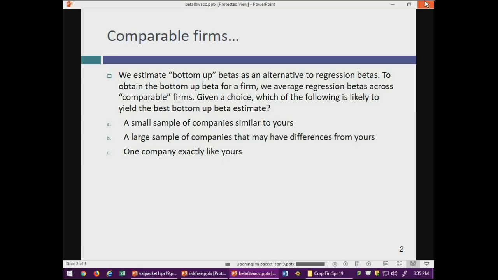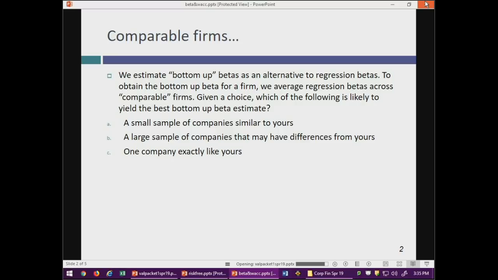And this is going to show up when you talk about geographic choices. If you pick an Indian steel company, if you say, look, I want to look at only other Indian steel companies, your sample size is much smaller than if you say, I'm going to look at steel companies globally. So small sample of companies very much like yours, or larger sample of companies that don't look like yours.